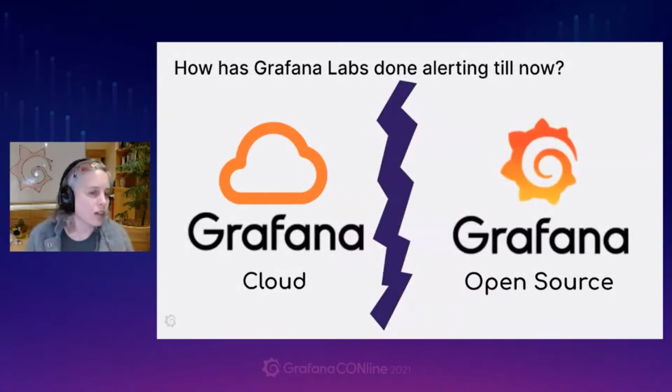So how have we solved alerting at Grafana up until now? Actually, we've had two different solutions going on. Within open source, Grafana users created the alerts by creating graph panels. And then within those panels, people would set up notification channels to various notifiers, including email, Slack, Discord, webhooks, also others.